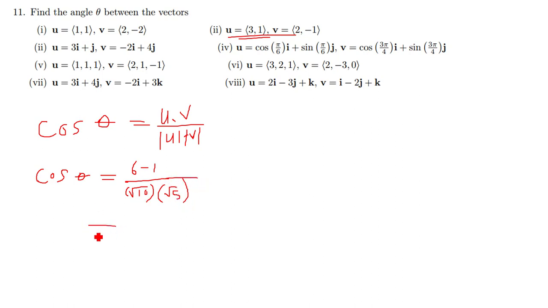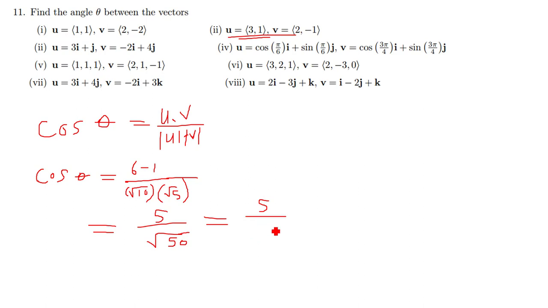So this will simply just give us 5 over, when you multiply the square roots, you get the root of 50. So the root of 50 can also be written as 2 times 25 there.